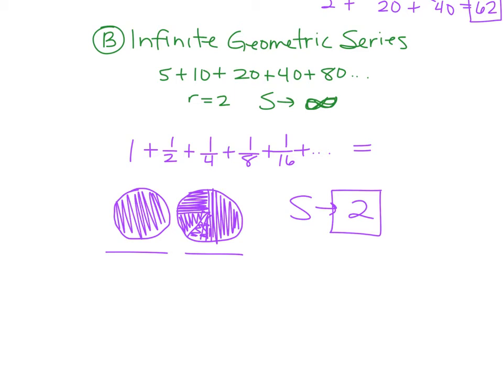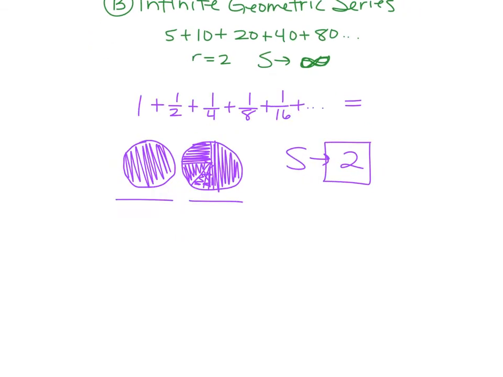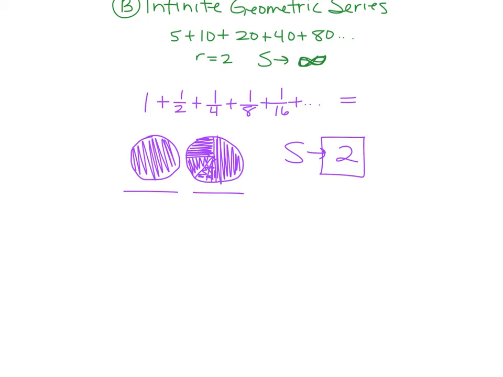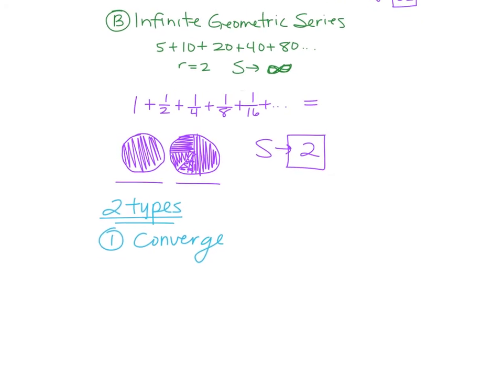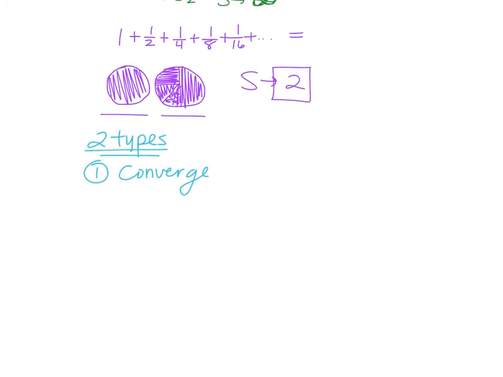Okay? Okay, so with this, there are 2 types. There are types that converge. And in order for these to converge, the absolute value of your common ratio has to be less than 1, which really means that R is between -1 and 1, right?